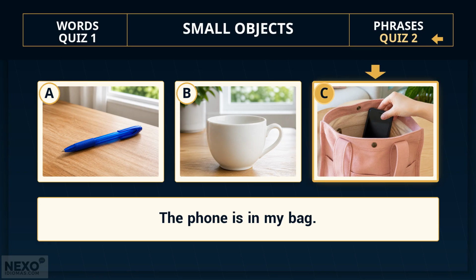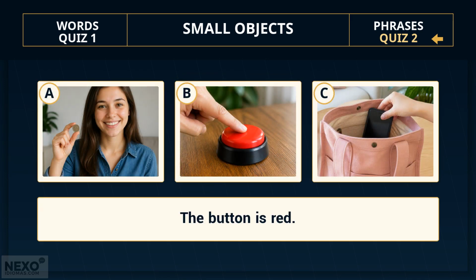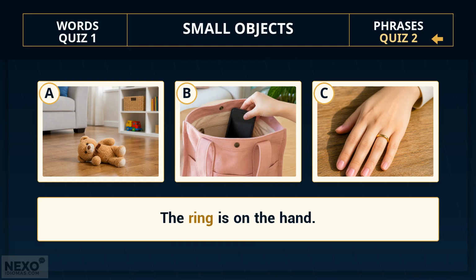C. The cup is white. B. The button is red. B. The ring is on the hand.